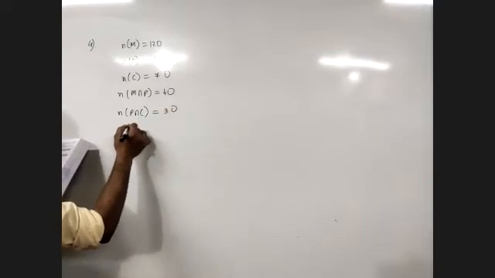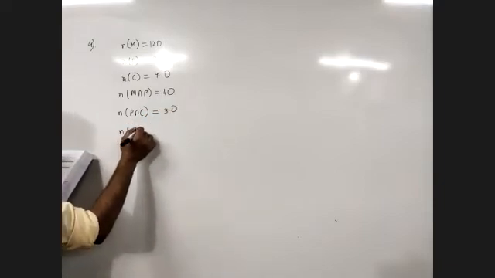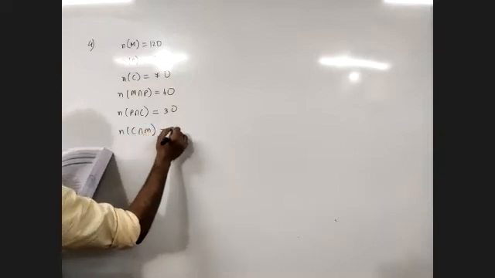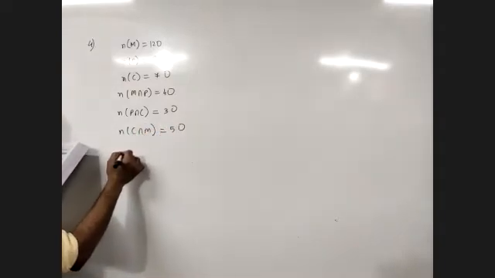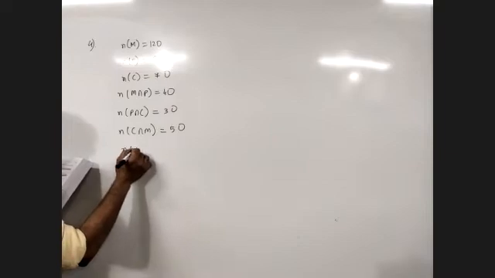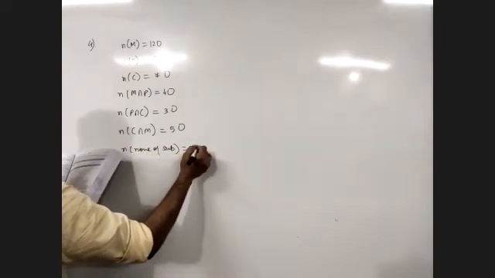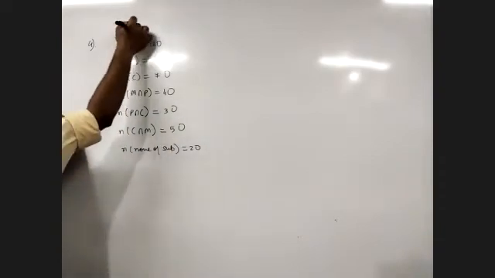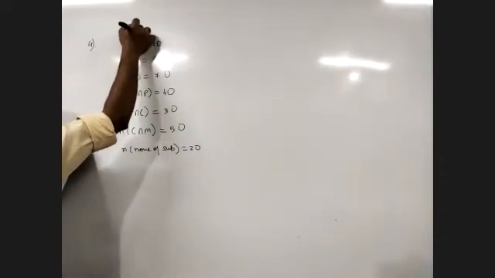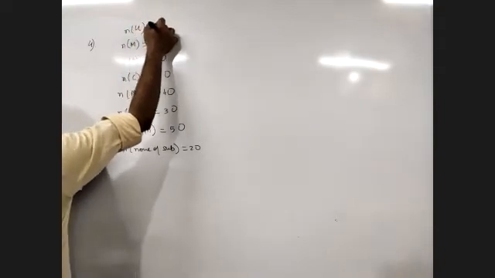And 50 study chemistry and maths, 50. And 20 study none of the subjects. And total was given out to be, that's why now we can write it as N universal set is 200.